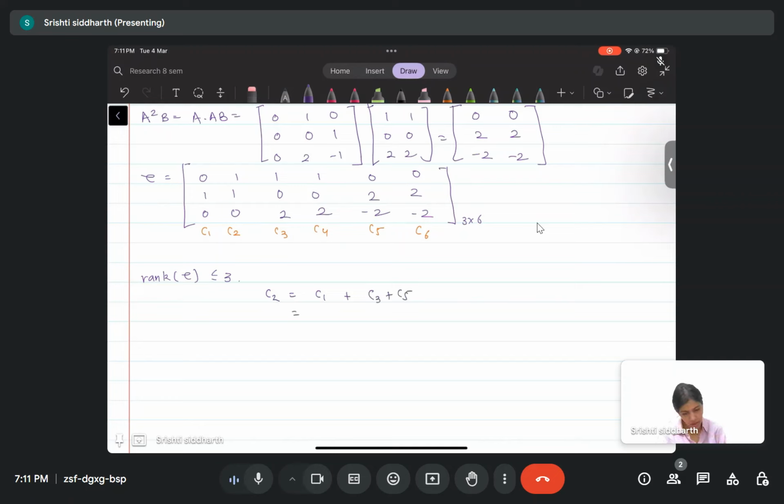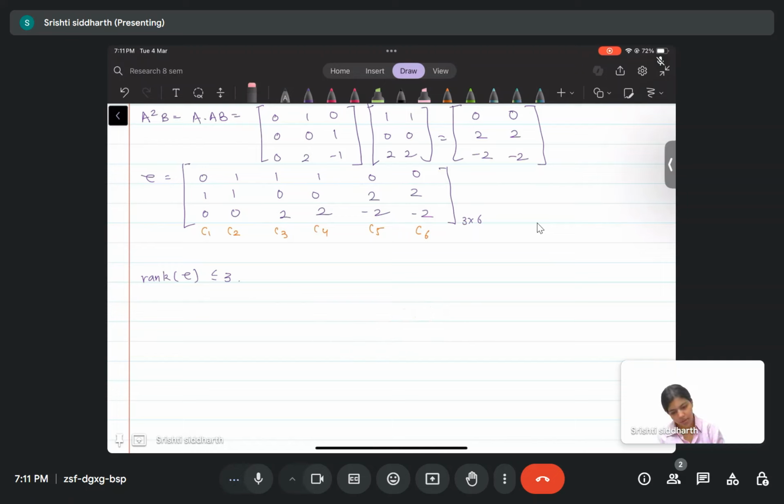Let's see if this is correct. We have 0, 1, 0 plus 1, 0, 2, and it was 0, 2, minus 2. Yeah, so let's just check the rows instead. This is a good idea.